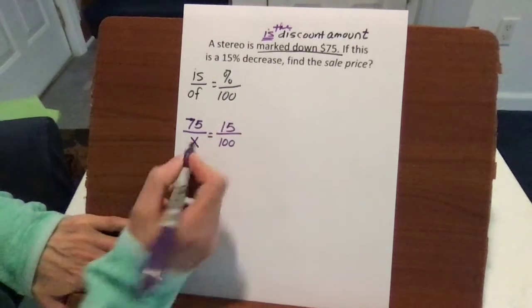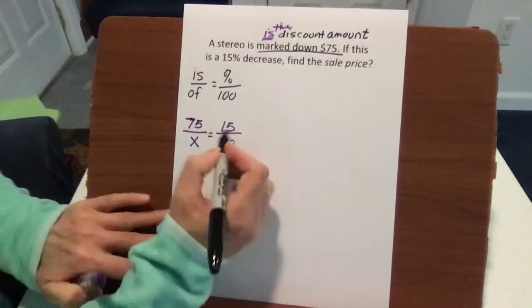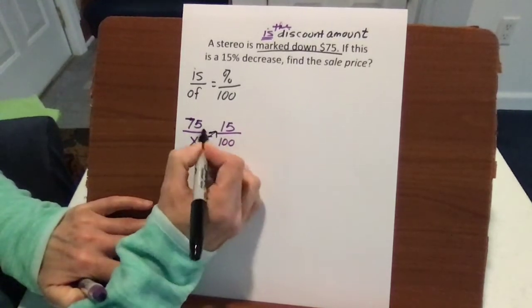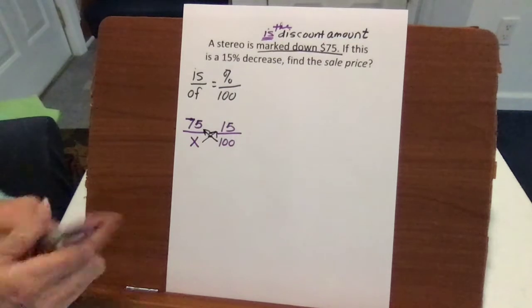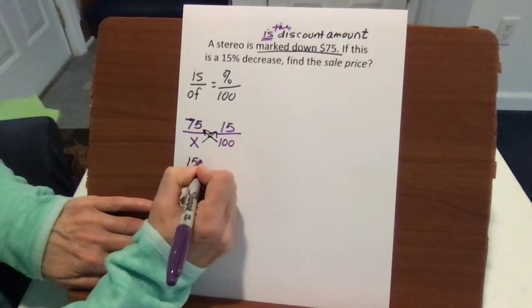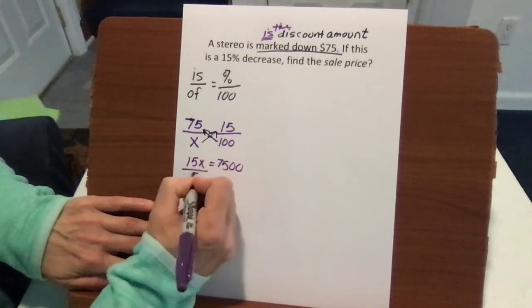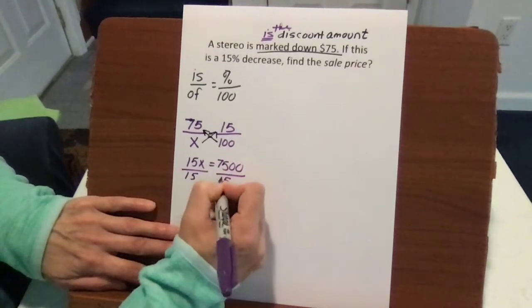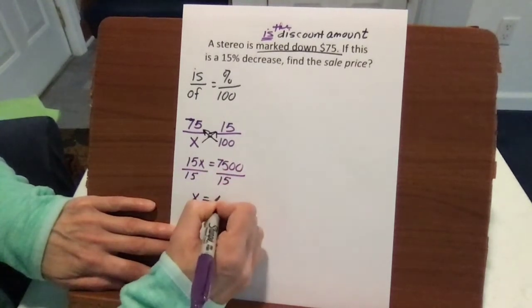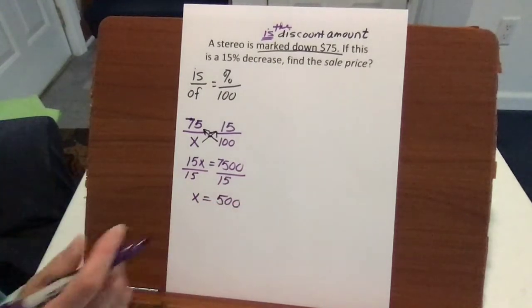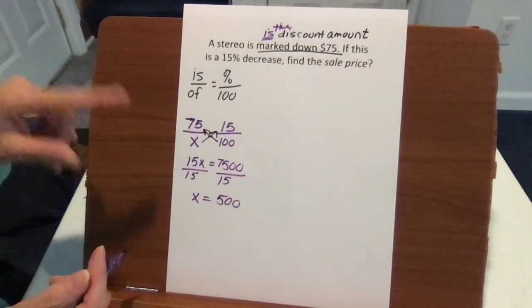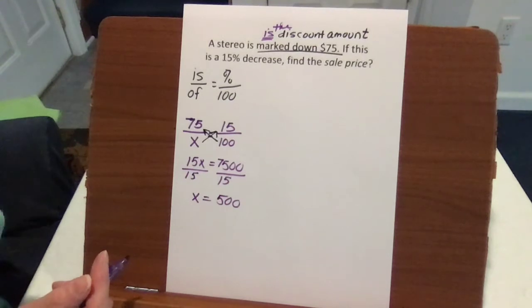Now what we'll do again is cross multiply. So we'll bring the x up times 15. We'll bring the 75 times 100. So we'll get 15x equals 7,500. And when we divide by 15 on both sides, we're going to get x equals 500. So $75 is 15% of 500.